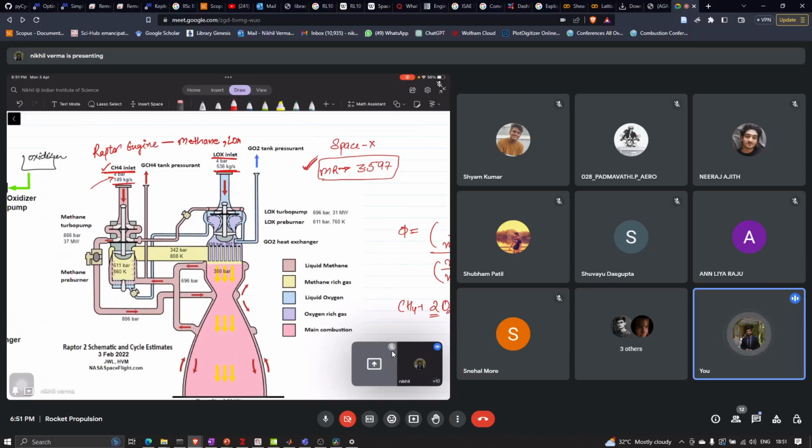So it gives you a mixture ratio near about 3.5. So that's why we have these values.